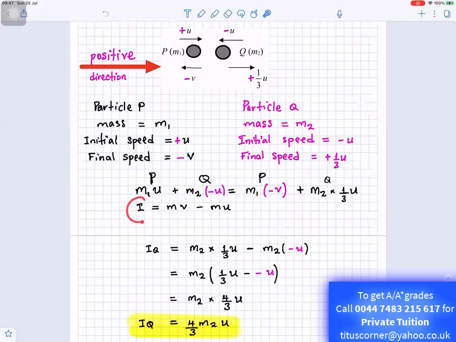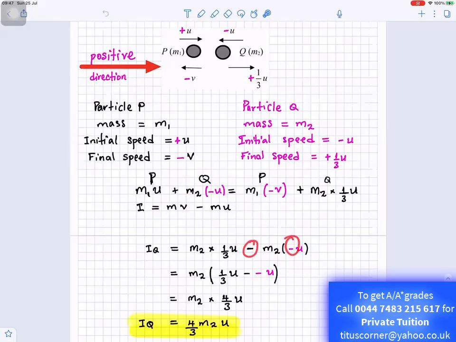So the impulse is mv minus mu. The impulse for Q: final momentum for Q is m2 times 1/3 u, minus initial momentum for Q, m2 times minus u.